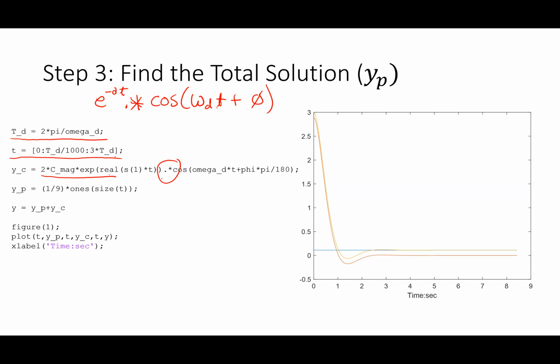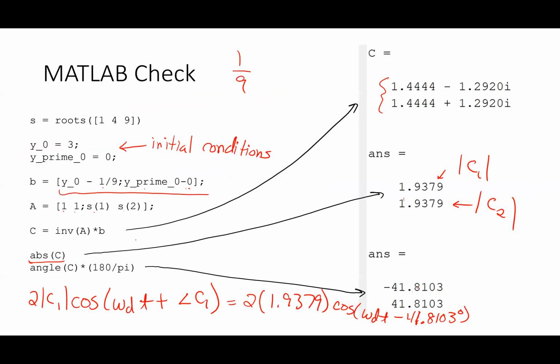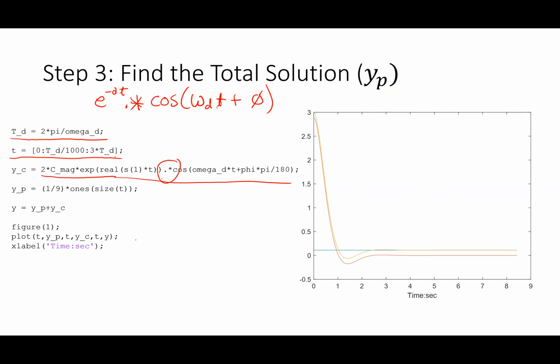So if you look at the expression that I wrote out here, it is basically in terms of the values that I have here. Looking at this, which one of these, the red or the orange, or I don't know, that's yellow or orange, which one's the particular, which one's the transient, which one's the total solution?